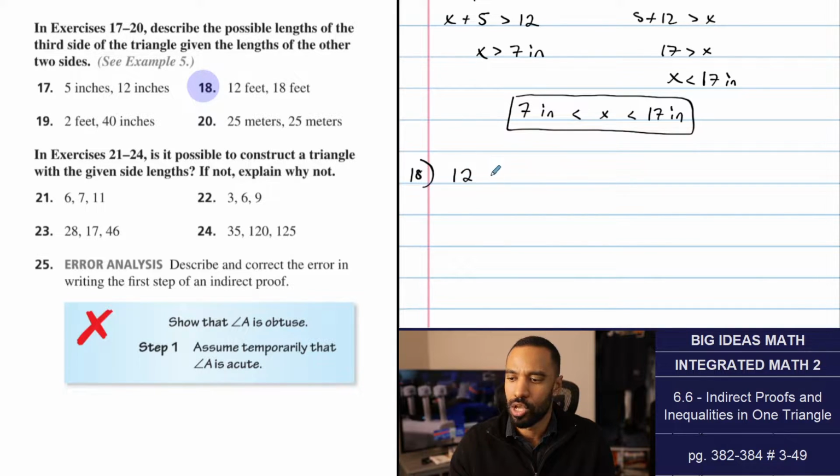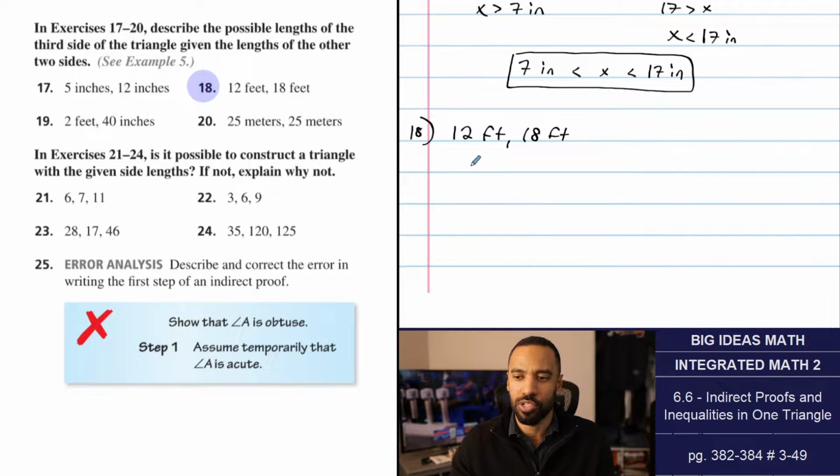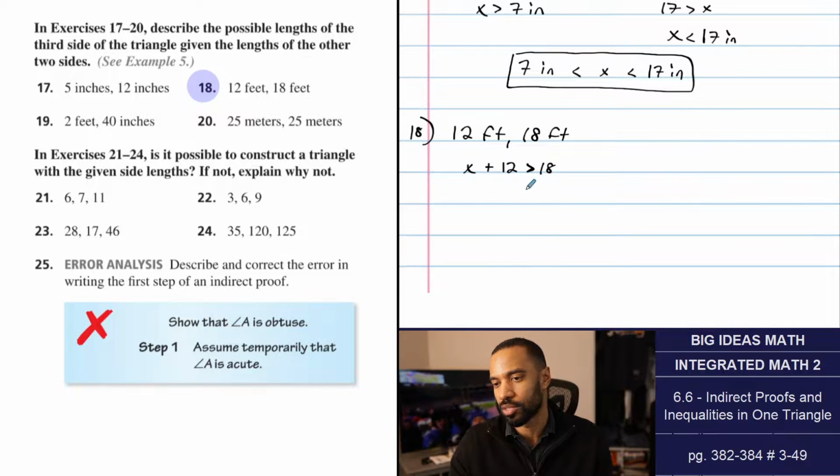Let's look at number 18. We've got 12 feet, and by the way, notice the units. We have to keep those in consideration. Let's first look at the small case for X, where X plus 12 has to be greater than 18. These are pretty straightforward problems, guys. Just make sure you can write the compound inequality at the end and you compare correctly. Subtract 12 and X has to be greater than 6 feet.